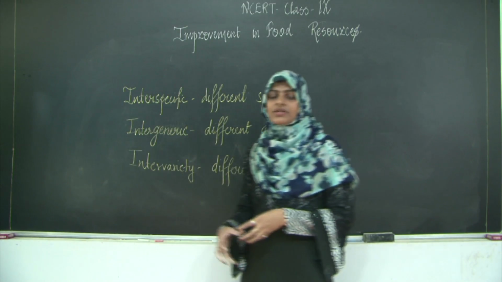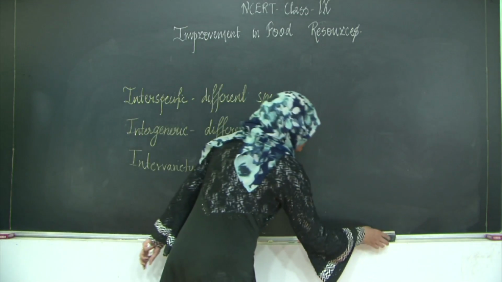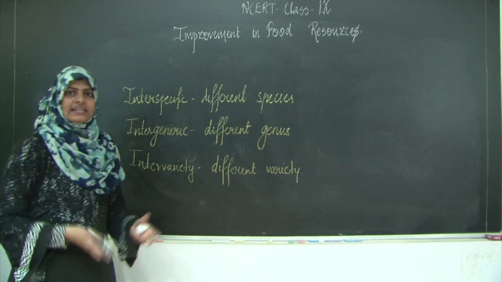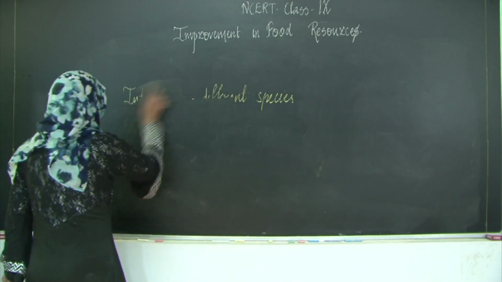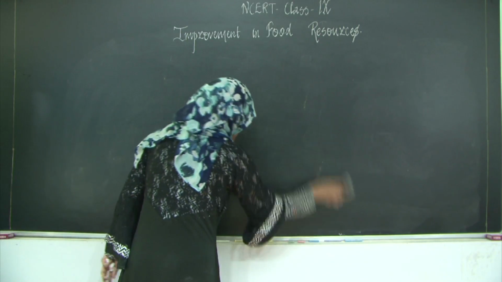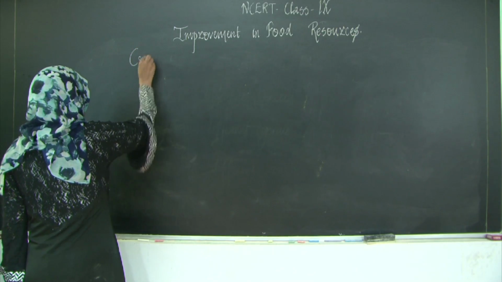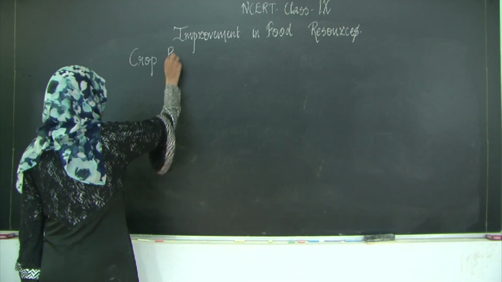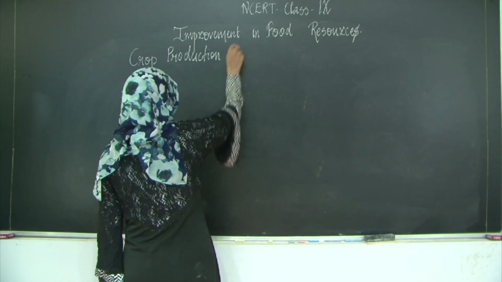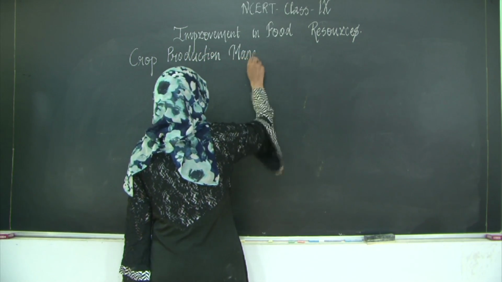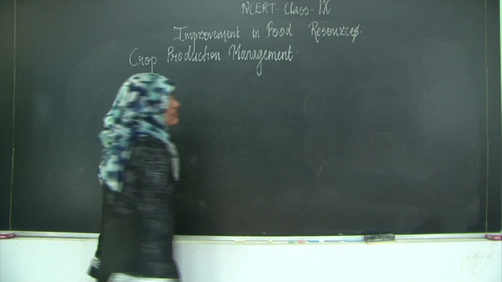Today we will start with crop production management. Now we are assuming that we have sown the seed and selected the seeds. How will we manage the crop during production when it is growing? Crop production management has 3 ways.